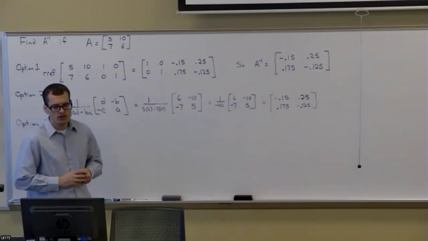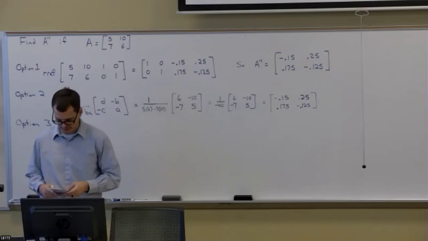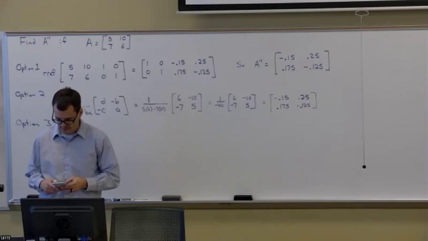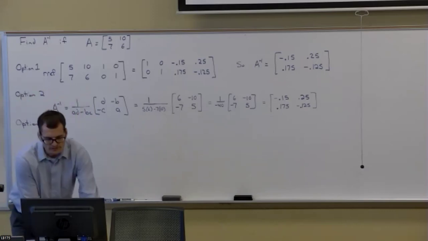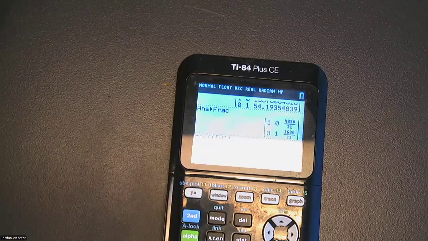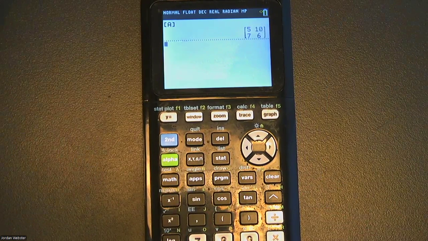Okay, so put in this matrix as matrix A. Once you have that matrix in as matrix A, I have 5, 10, 7, 6.